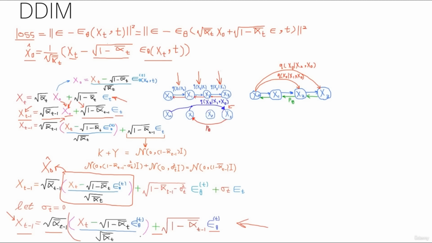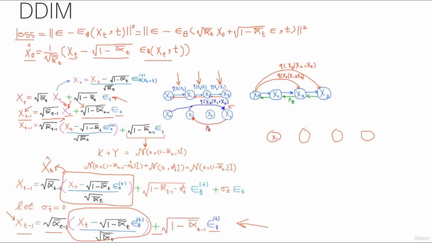This thing here is the predicted x0. And here it's like we are trying to move from the predicted x0 to any time step. In this case, time step t minus 1. So let's say that we have 4 time steps.